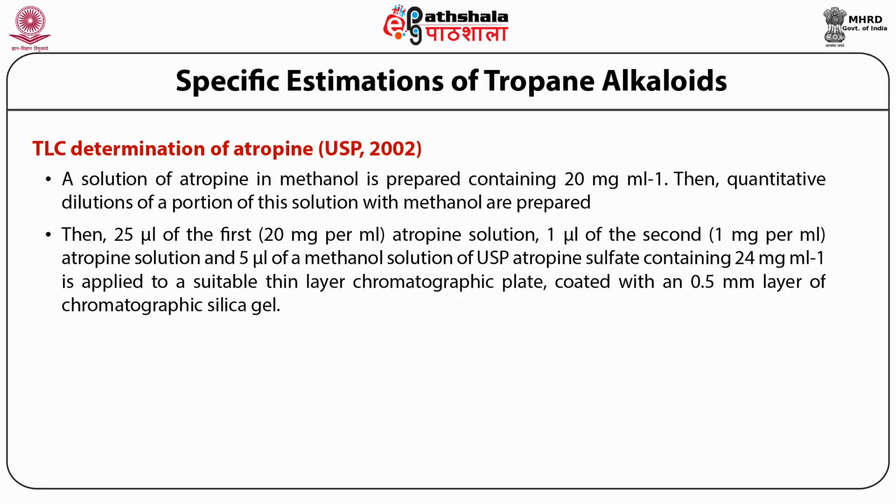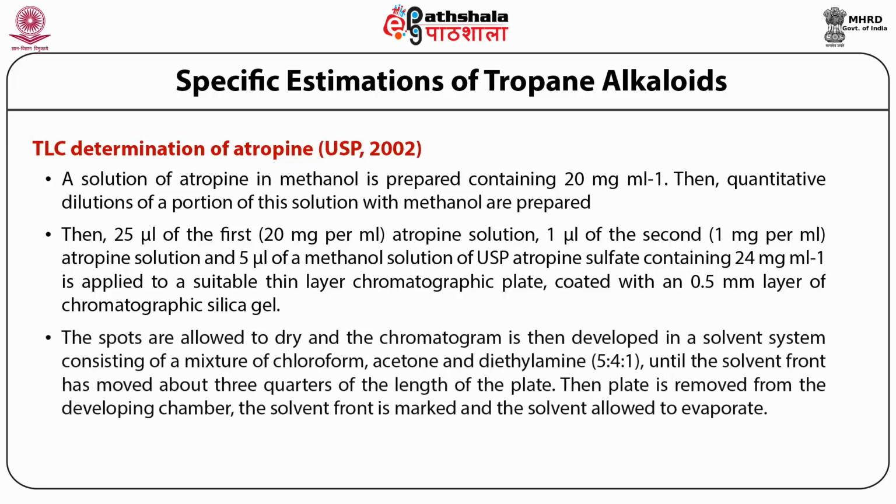The solvent front is allowed to move to about 3/4 of the length of the plate. The plate is then removed from the chamber and allowed to dry. The spots are located by spraying with potassium iodoplatinate solution. Colored spots are compared.